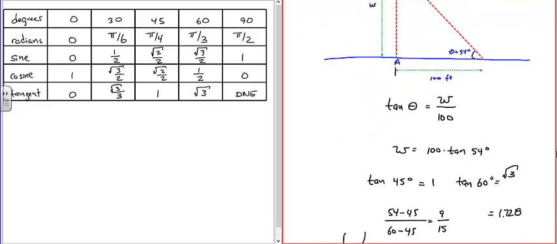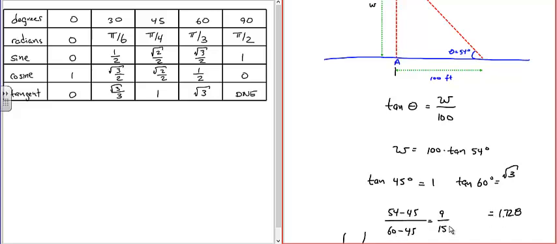Now, the question is, what is the tangent of 54 degrees? If you didn't have a calculator, if all you knew is that the tangent of 45 degrees is 1, you come over here and you see that, and the tangent of 60 degrees is the square root of 3. Well, you could interpolate. So what you do is you say how far is 54 from 45 relative to 45 to 60. So it's 9 units from 45 to 54 and 15 units from 45 to 60.